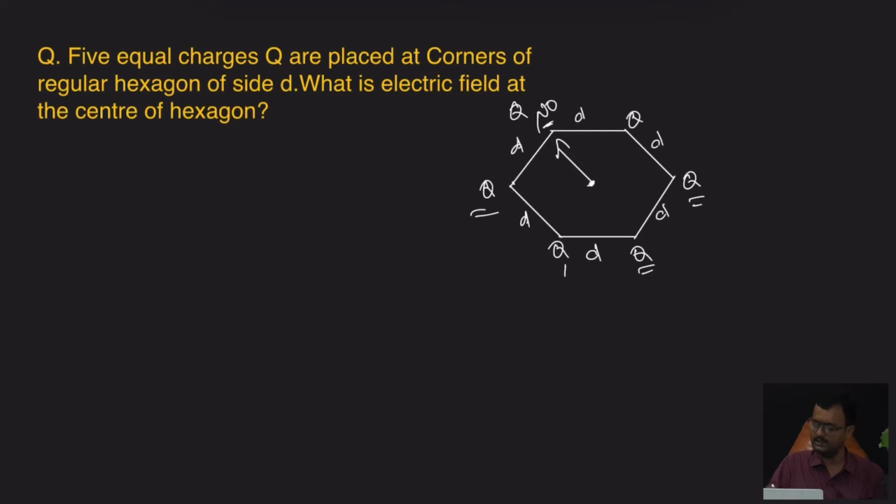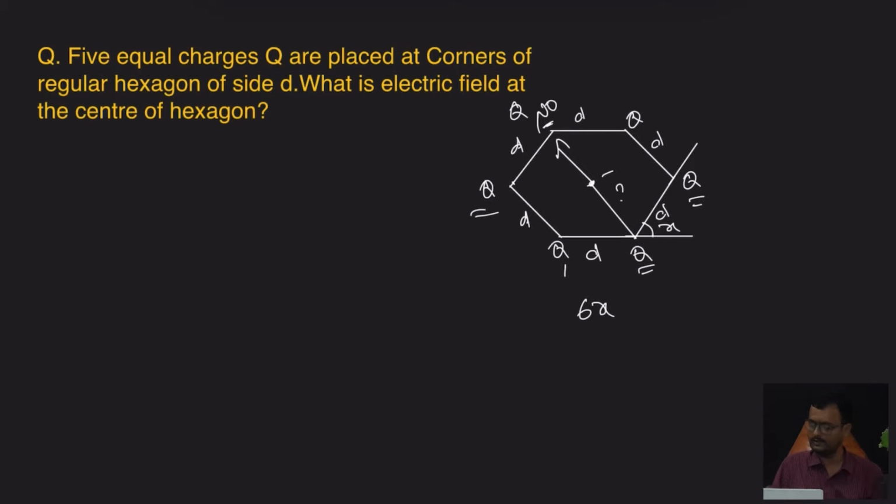See, what is the distance between this point and this charge? To find the distance, we take the external angle. All external angles are equal. Suppose that external angle is x, and we have 6 external angles, so the sum of these external angles is 6x.